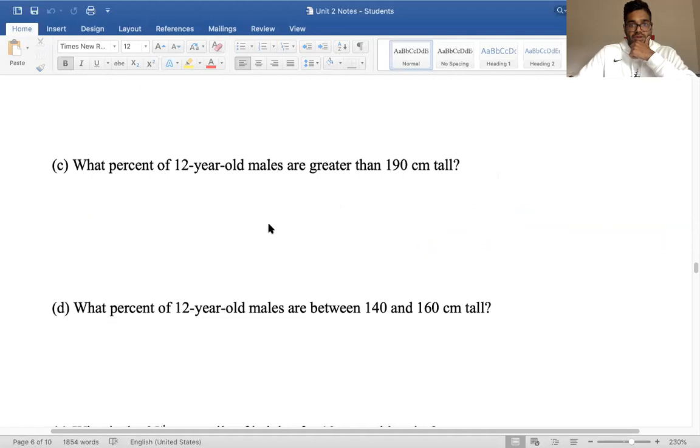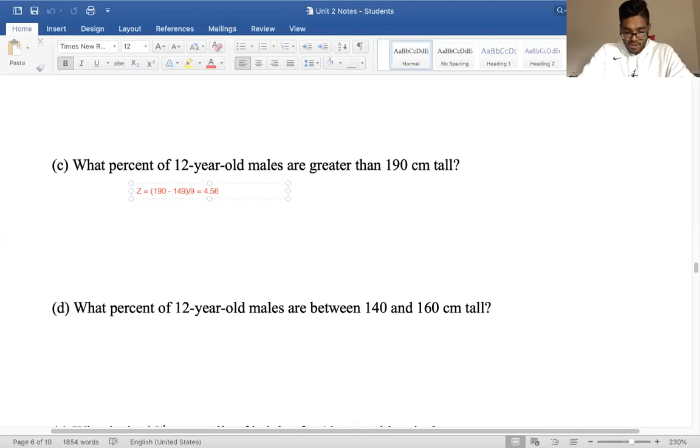Okay, looking at the next one here, same type of setup. I'm going to do this one really fast. Z equals, I'm going to type this one out, 190 minus 149 divided by 9. Okay. This equals 4.56.